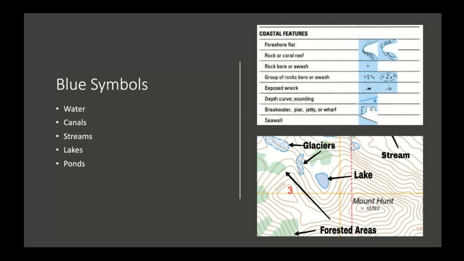If you look at the lower picture, you'll see a lake right in the middle, and glaciers are depicted in a broken-up blue color. So anything blue, your best guess is that it's a water feature.